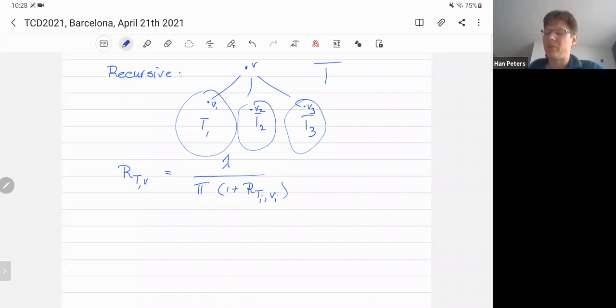So we can express the ratio of the bigger tree in terms of the ratios of the 3 subtrees.